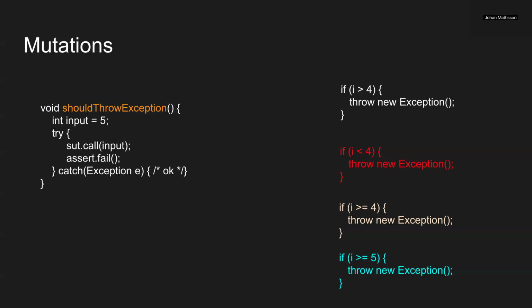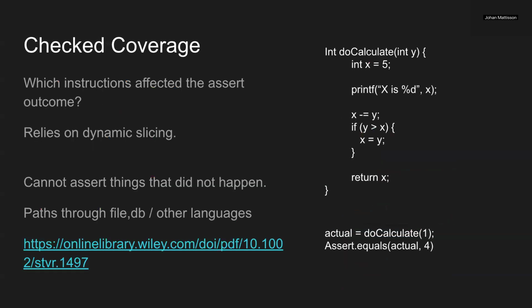If we have a good test suite, those should fail. But if we don't have a good test suite, it might not pick up the bug. So mutation score is a way to exercise your test suite in different ways.